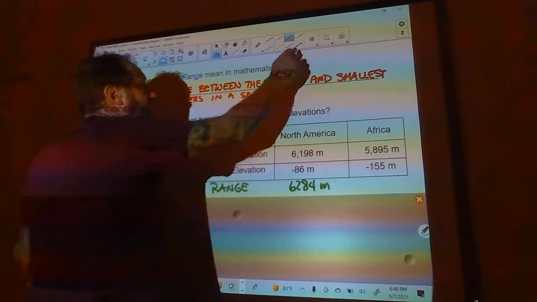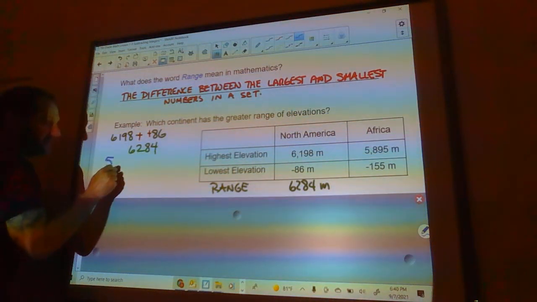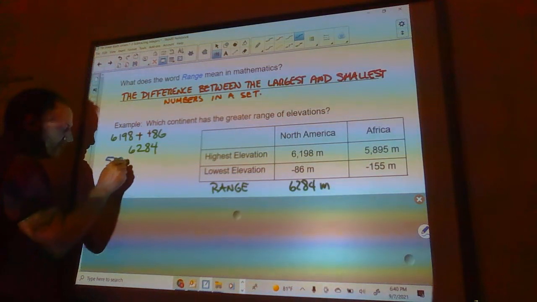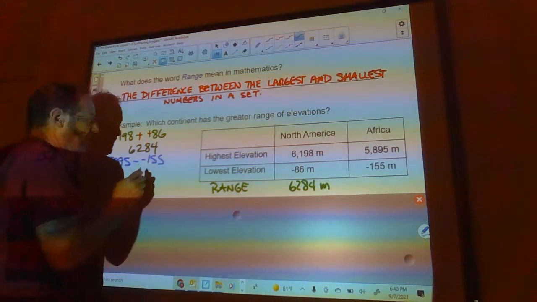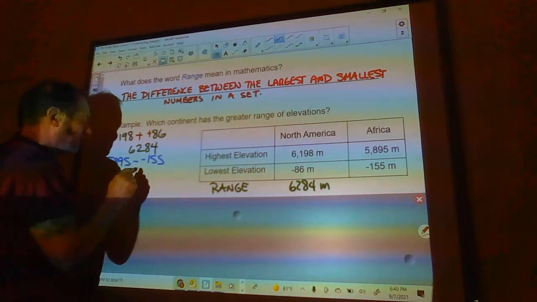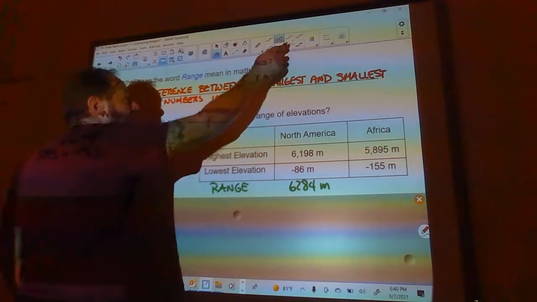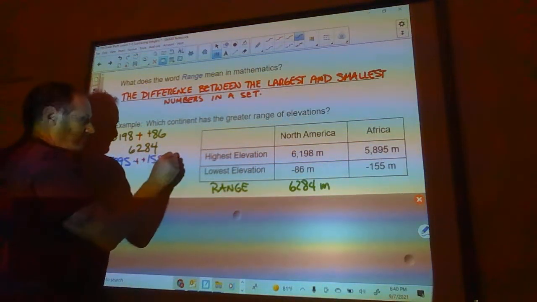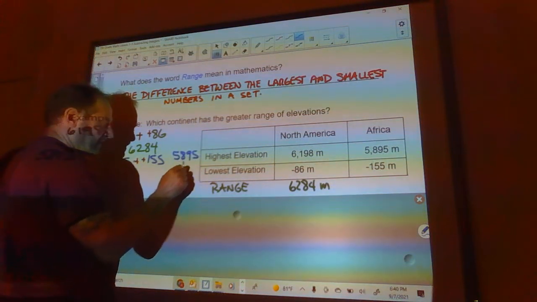Now I'm going to do Africa. So this is going to be 5,895 minus negative 155. And again, that becomes plus a positive. I just prefer to line these things up, 5,895. I like to do them vertically.